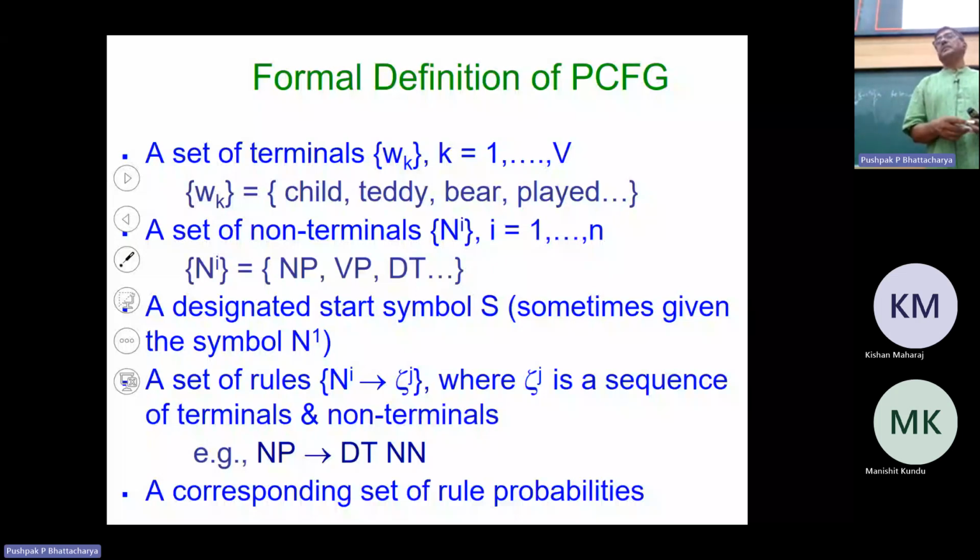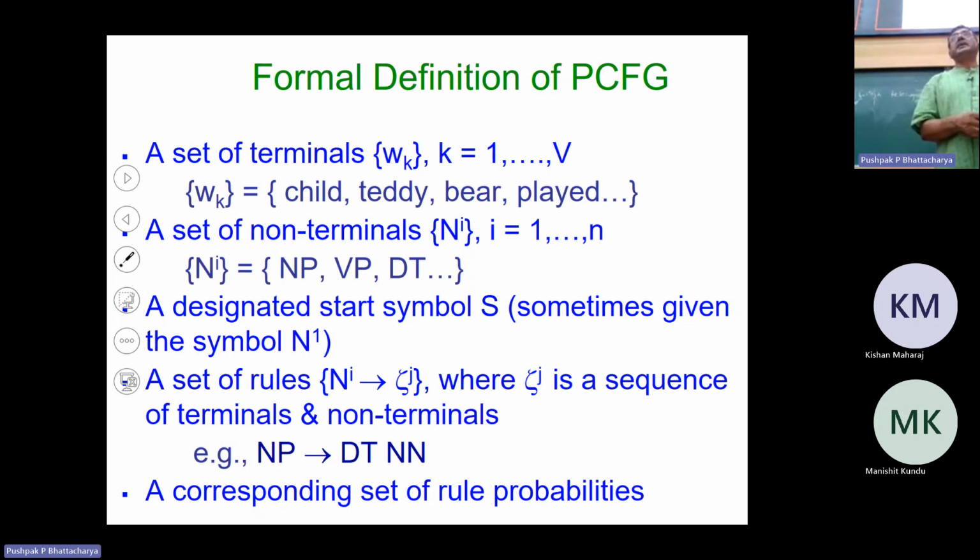The first component of a PCFG is W_k, k going from 1 to V, where W_k is the vocabulary, the words in the language. So child, teddy, bear, played, all these are W_k. Then a set of non-terminals, N_i, where i goes from 1 to n.